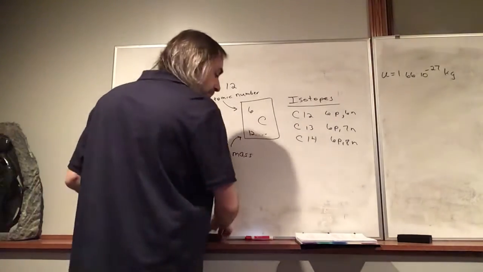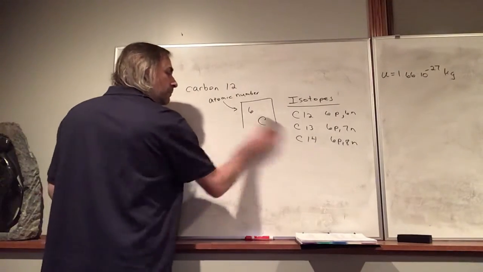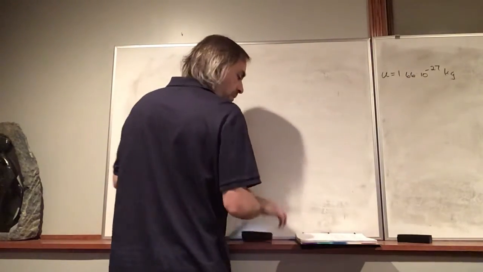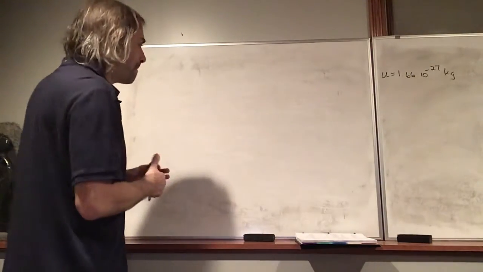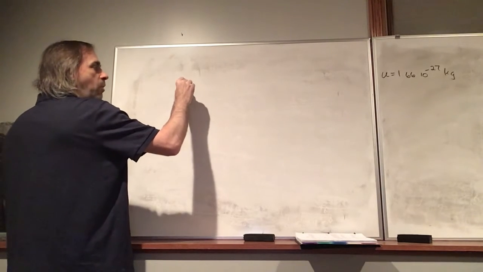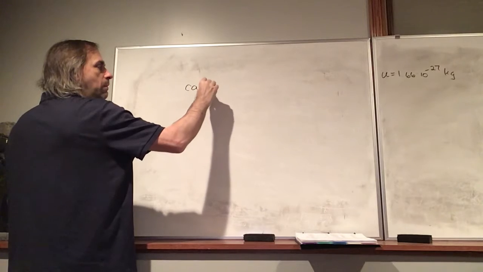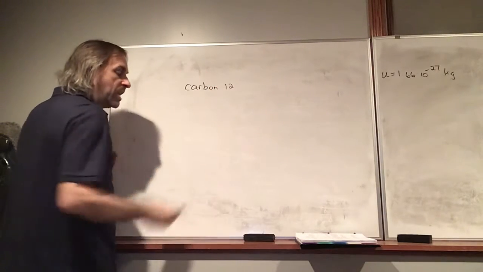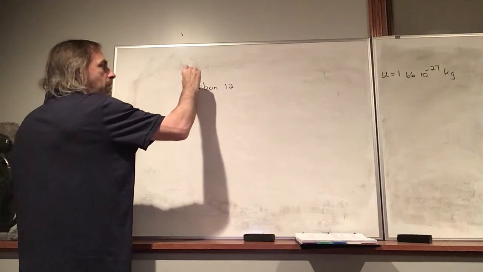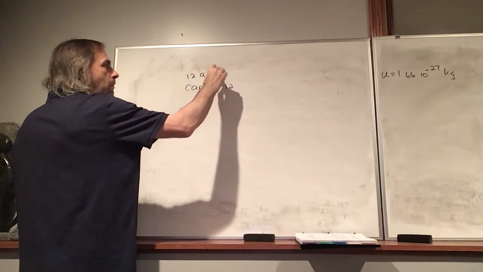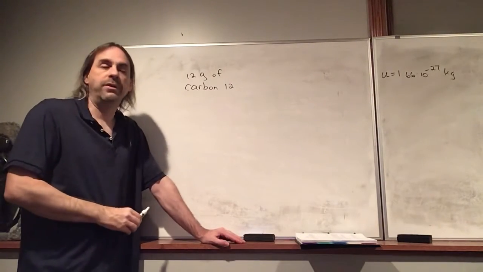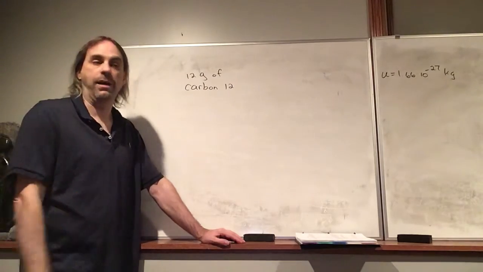Okay. Now, where are we going to go with this? Say we have carbon 12, and say we have 12 grams of carbon 12. So if we have exactly 12 grams of carbon 12, how many atoms do we have?